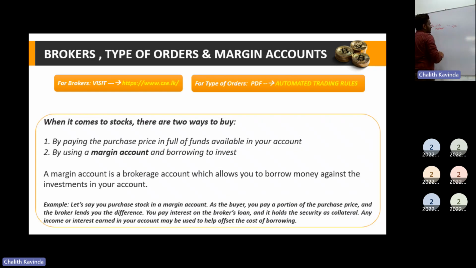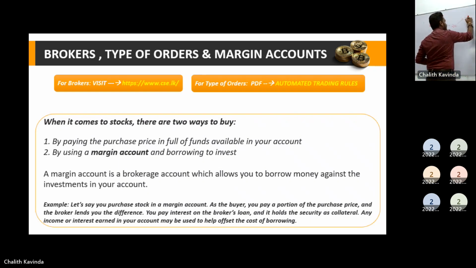So the value of the investment that you are going to do is 200, but from your end, you can only provide 100 rupees. The remaining 100 rupees will be provided by your broker. So we call it margin trading.